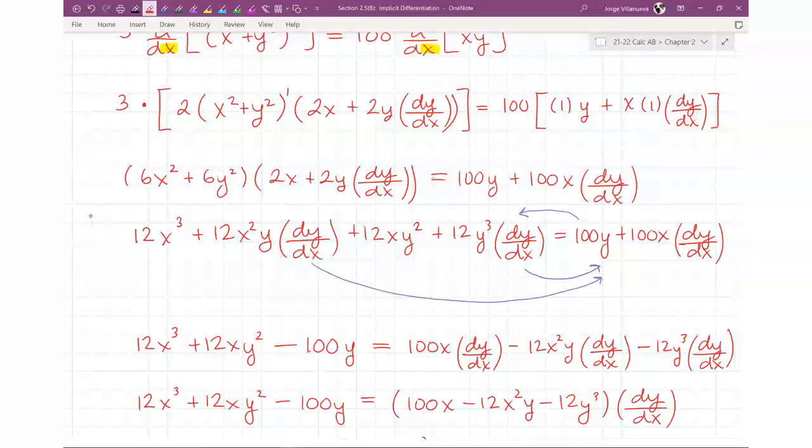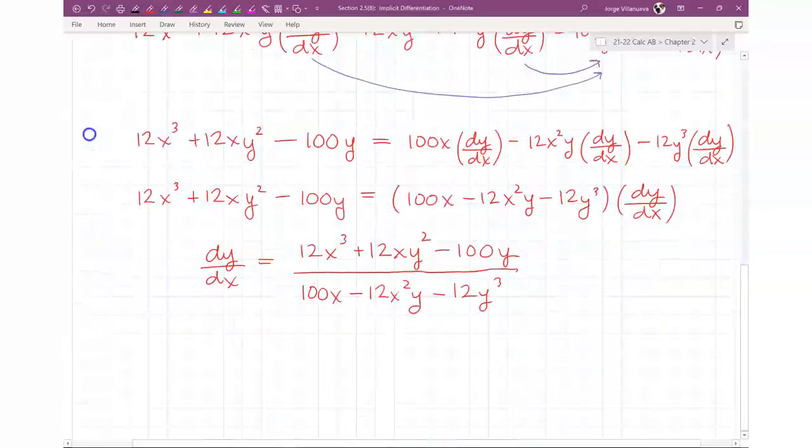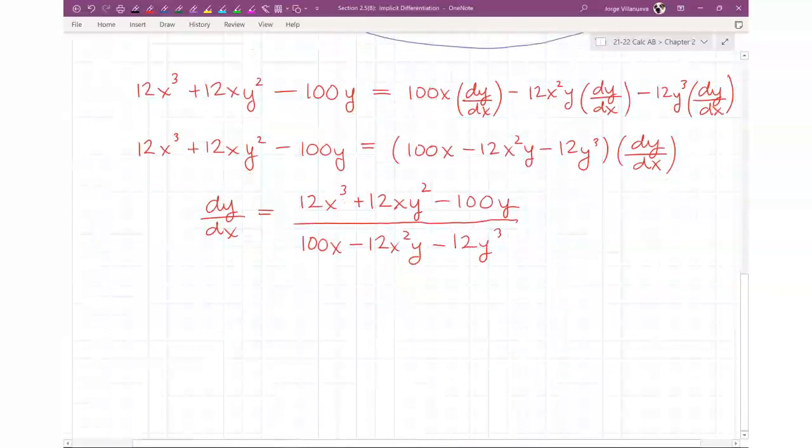That's coming up. So I was able to organize my work, factor out dy/dx, and then divide, and I found my slope. So all I have to do now is exactly what they wanted me to do in the first place, which is get dy/dx and plug in for x, y.